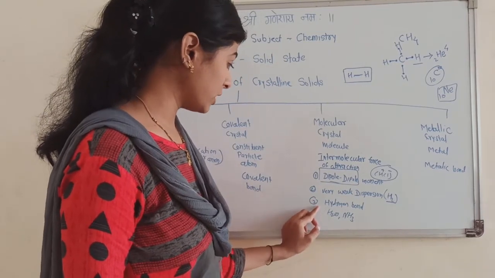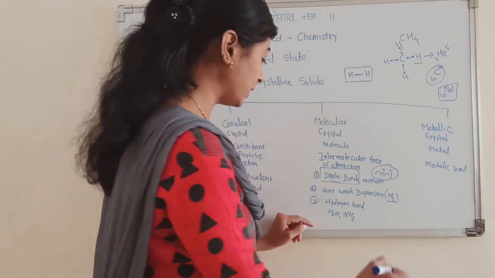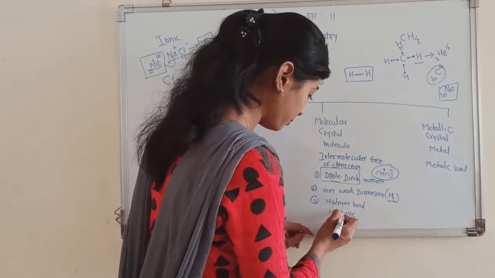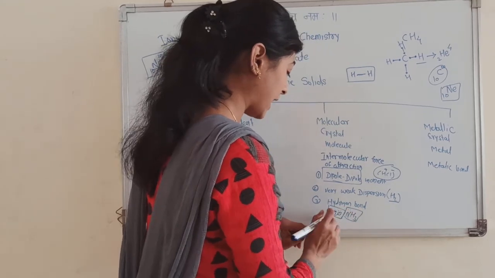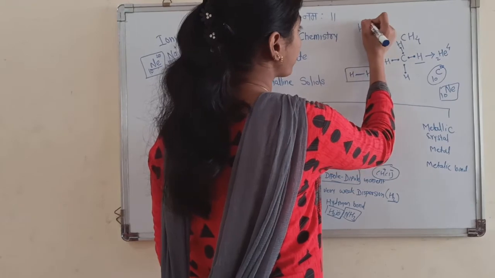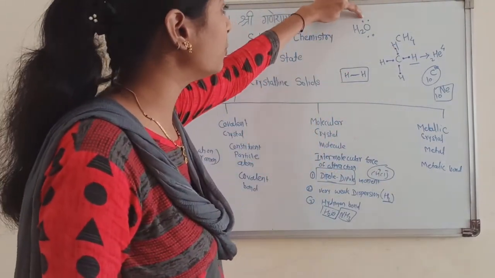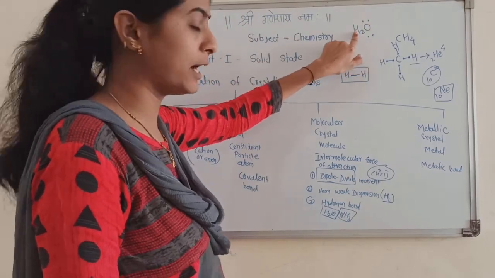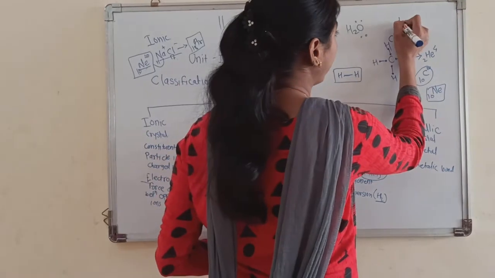Now going to our next point, hydrogen bonding. Hydrogen bonding is nothing but the bond between a lone pair containing molecule and hydrogen. For example, H2O and NH3. In H2O, oxygen contains two lone pairs of electrons. There is a bonding between the lone pair of oxygen and hydrogen to form a hydrogen bond, which is shown by dotted lines.